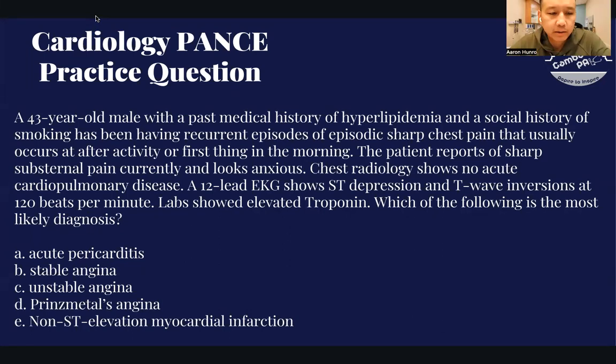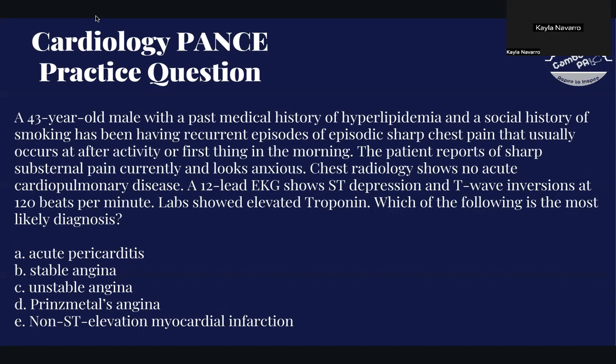All right, thanks, Brendan. Who can read the answer choices and let us know your thoughts on the most likely diagnosis? I can read them. All right, go ahead, Kayla. A is acute pericarditis, B stable angina, C unstable angina, D Prinzmetal's angina, and E non-ST elevation myocardial infarction.